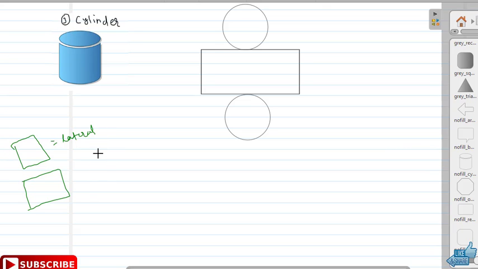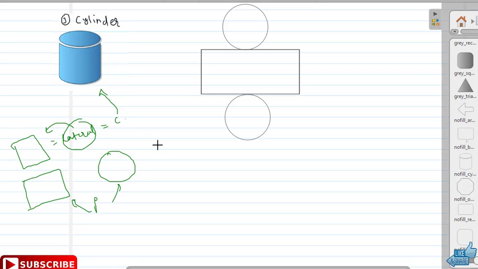Like the perimeter, if there is a side, we talk about the perimeter of a square, rectangle, parallelogram, anything which has a side. But for the circle we use circumference. It's not a perimeter, it's a circumference we are using, but both are similar. So lateral is also known as curved, but lateral is used for the sides and curved is used for the curved, meaning circular in nature, and perimeter is used for the sides and the circumference is used for the circular.